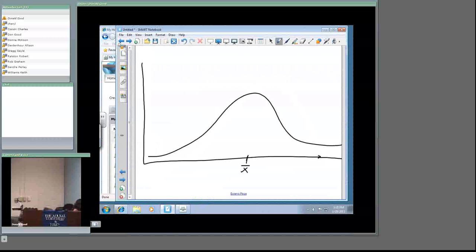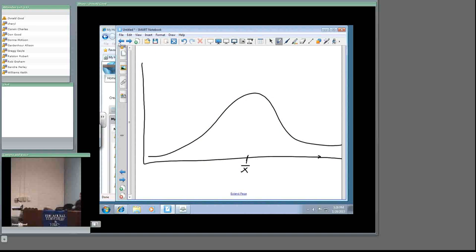It's the median, because it's in the middle, and it's the mode, because it's under the highest point. It's the one that shows up most frequently. The one we care most about is the mean. So I'm just going to leave mean there because I want to give myself room to work on something.